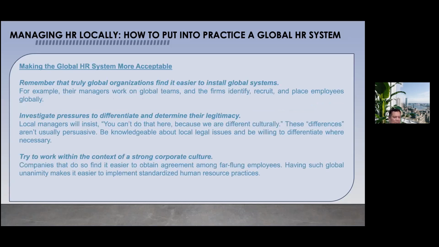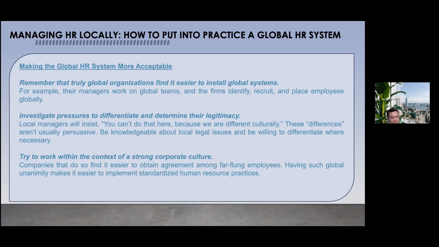Now, let us proceed by making the global HR system more acceptable. Employers engage in three best practices so that the global human resource systems they develop will be acceptable to local managers around the world. These practices are: first, to remember that truly global organizations find it easier to install global systems.